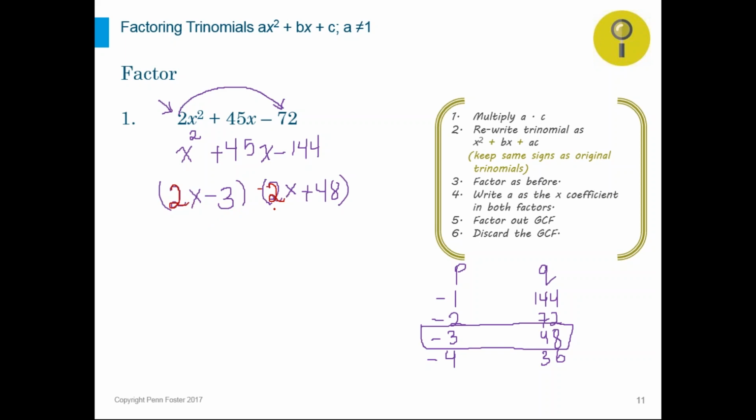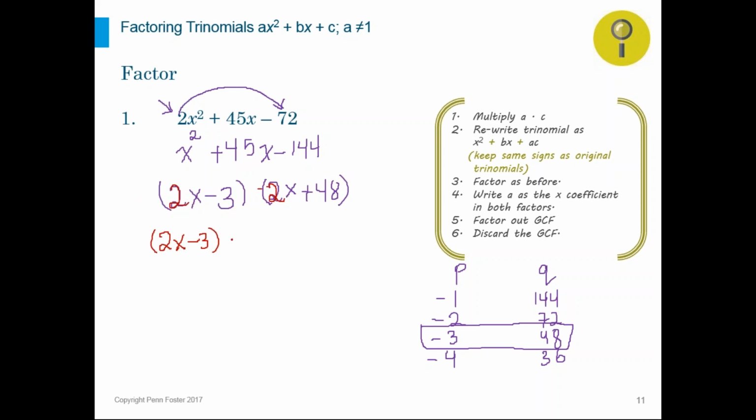This is a binomial and this is another binomial. We'll look at the 2 and the 3. Is there a common factor between 2 and 3? The answer is no, because both of them are prime numbers. What about 2 and 48? Yes, there is a common factor. I'm going to then keep the factor 2x minus 3 as is because I cannot do anything about it. I cannot factor out anything from that.